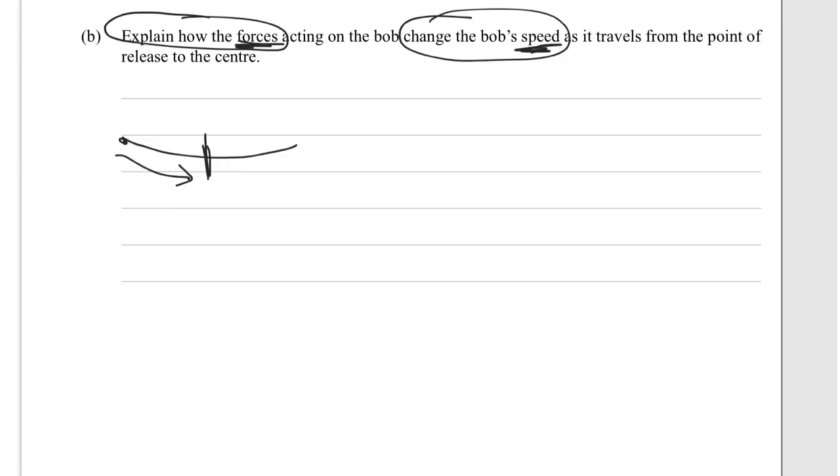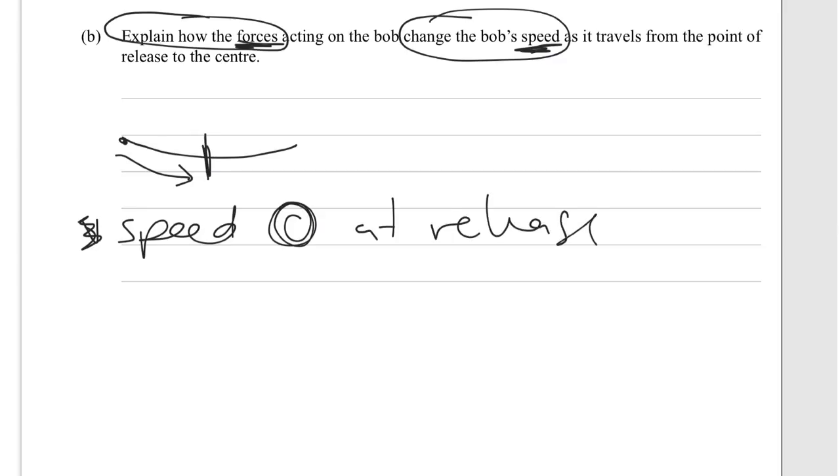So let's talk about speed. Speed is going to be 0 at release. It starts off with speed of 0 here, and it's going to have a maximum speed in the center.